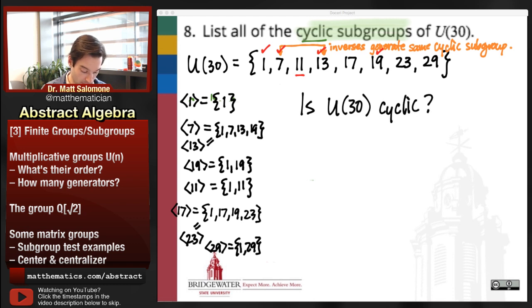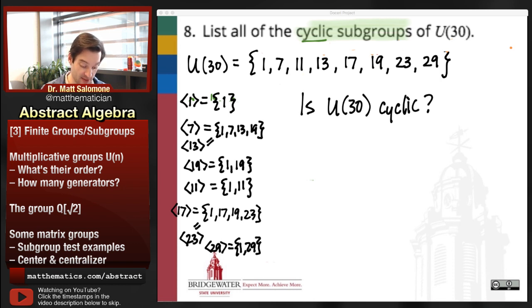One of the ways of answering that question is to look at the orders of all of the elements inside of my group. Because in order for a group to be cyclic, there has to exist a single element that's capable of generating by its powers all of the elements in my group. That is the definition of the whole group being cyclic.